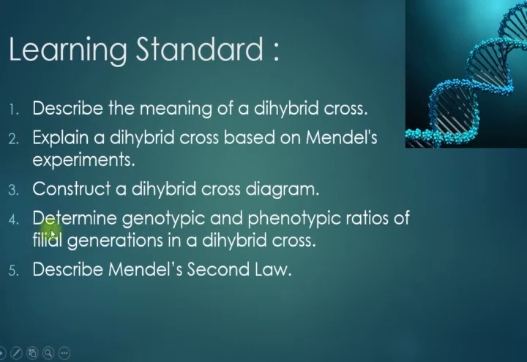Number four, determine the genotypic and phenotypic ratios of filial generations in a dihybrid cross. And the last one, describe Mendel's second law. So those are the learning standards that you have to understand for today.